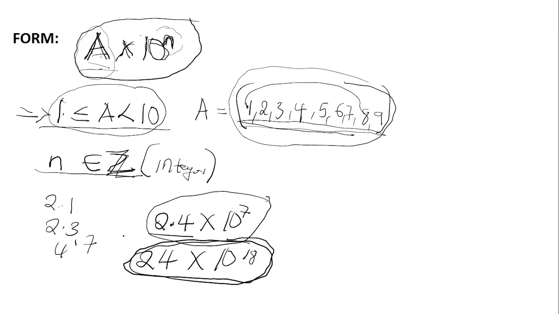Those that used to like chemistry at high school. Okay. The Avogadro's number is 6.02 times 10 to the power 23. This is the Avogadro's number.